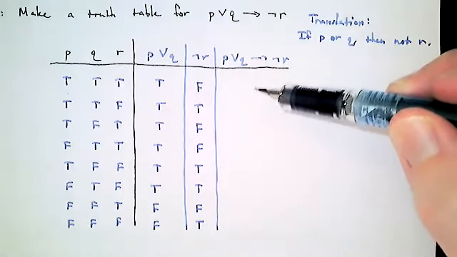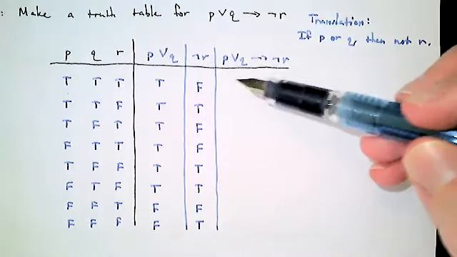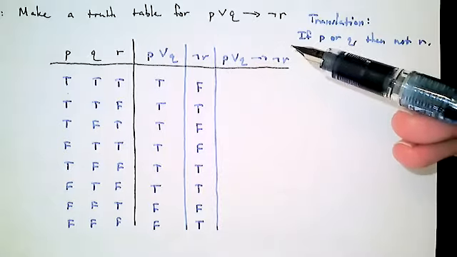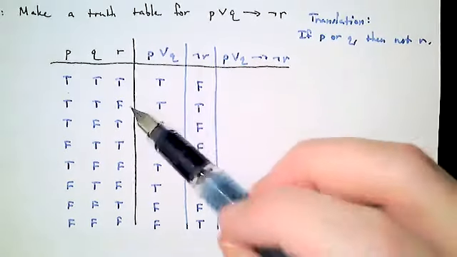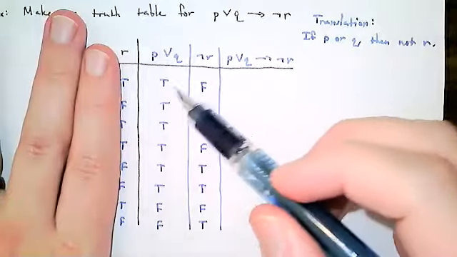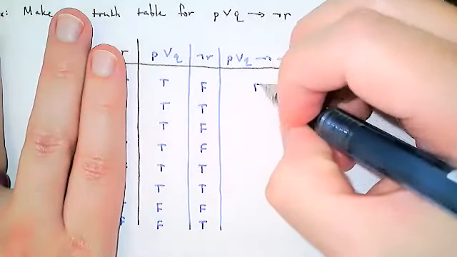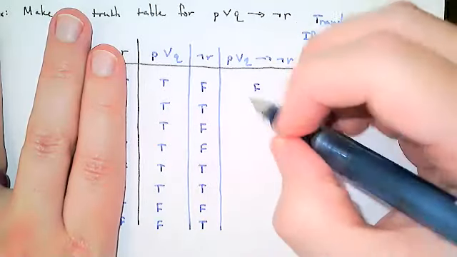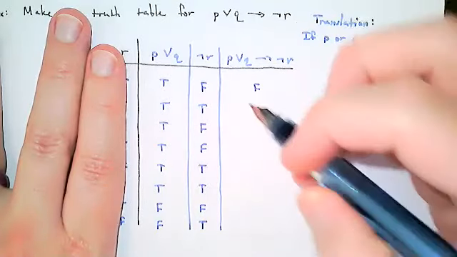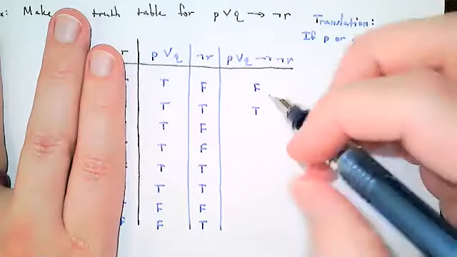So this is only going to be false if the hypothesis is true, but the conclusion is false. So that's something like this first row. That's a false. Then we'll get a true. And then we have two falses, actually.